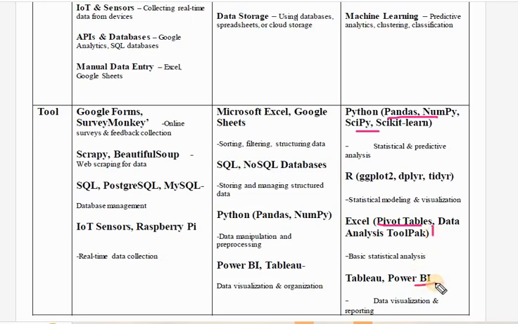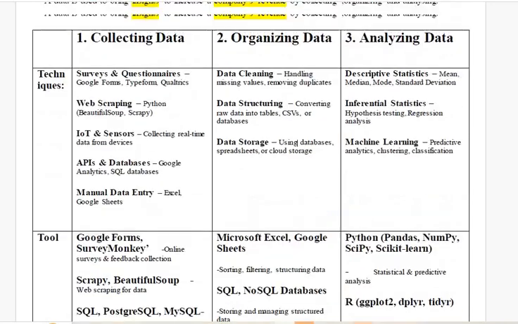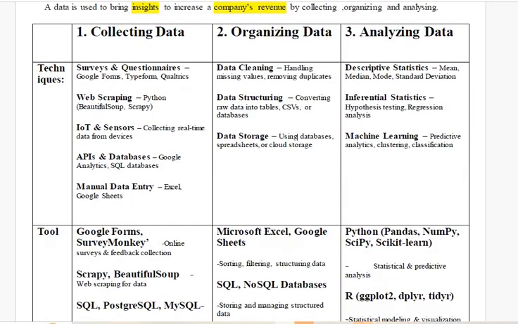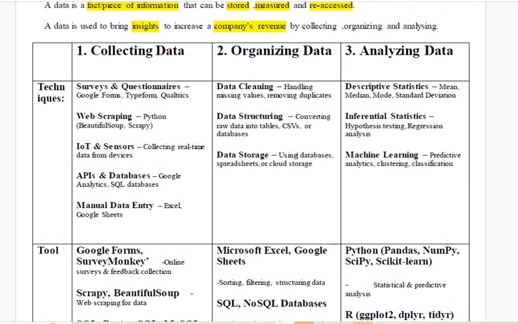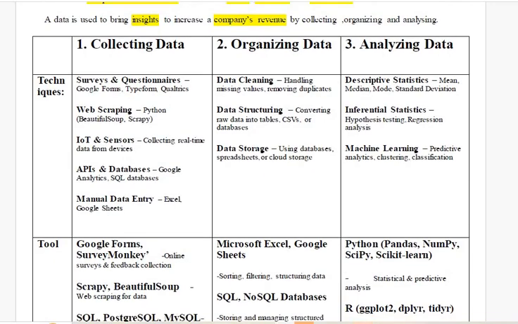These are the visualization tools where we apply a few statistics methods and do some analyzing of the data. So all these are the methods, techniques, and tools which we see in collecting the data, organizing the data, and analyzing the data.